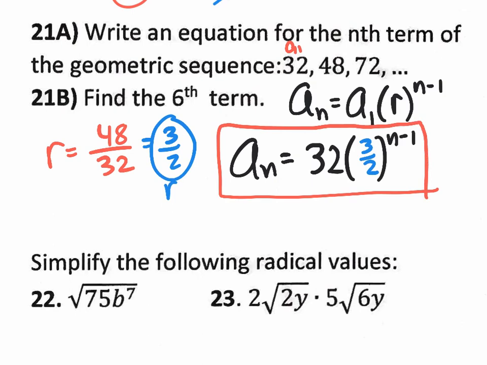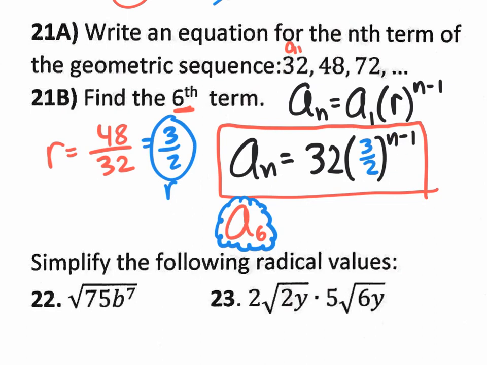Now after that, they want you to find the sixth term. So what they're really looking for is a sub 6. Now remember, a sub 6 is just the notation stating that I'm going to take this equation and plug in a 6 right there.